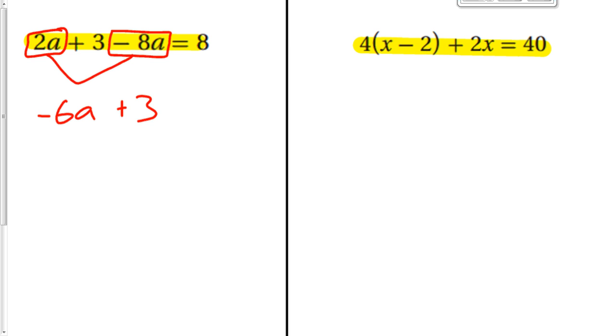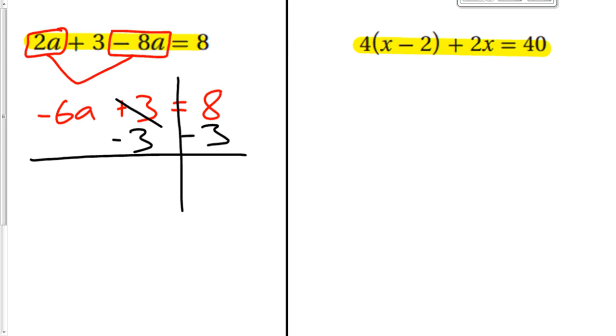And now we go about this just like we did before. So I'm going to subtract 3 on both sides, keeping everything balanced. I'm left with negative 6a equals 5. Looks like we're going to get a decimal here, and that's okay.